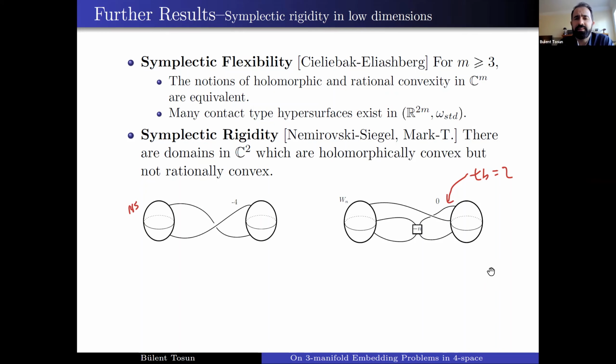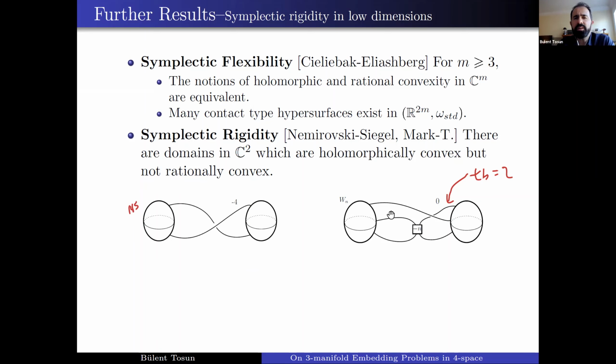Interestingly, our technique, our obstruction, doesn't apply in the Nemirovsky-Segal example. But what we can say is that this Nemirovsky-Segal example is a special case of a much bigger infinite family, and for that family too, we show how all can be made holomorphically convex in C2.